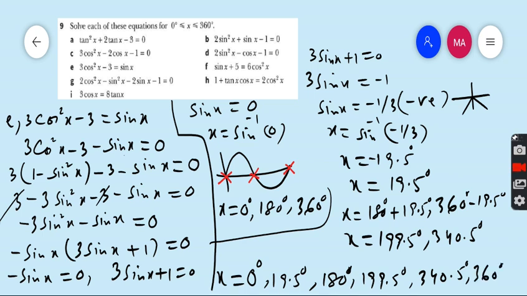So we have 6 angles for this part, a very important part from the examination point of view: 0, 19.5, 180, 199.5, 340.5, and 360. So this is the answer of part E. Move to part F.